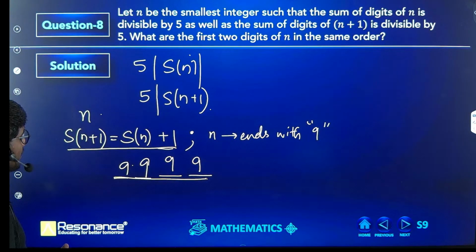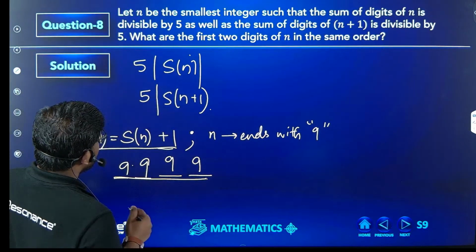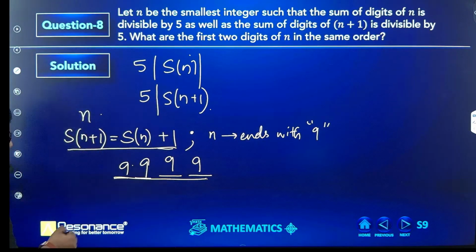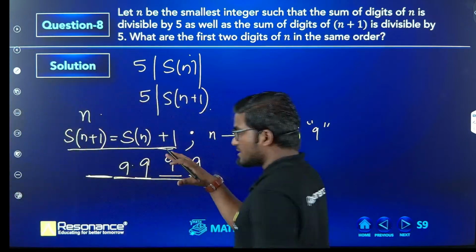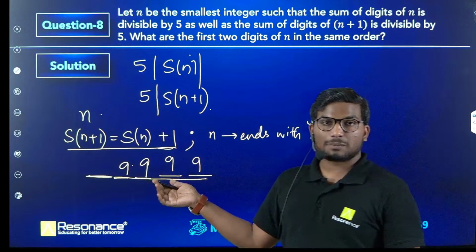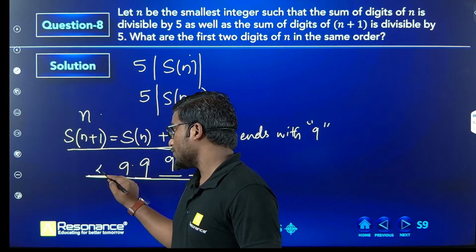Now to make the sum of these digits divisible by 5, the extra digit that has to be placed here is, since the sum of the digits currently is 36, the nearest multiple would be 40, where this has to be 4.